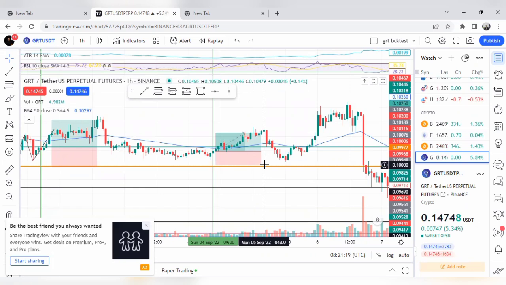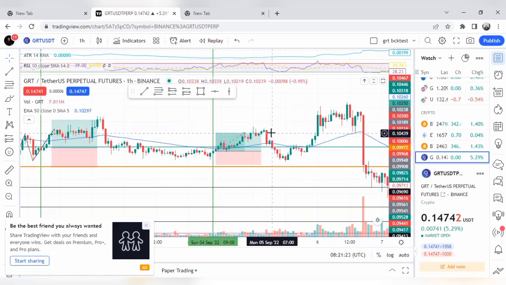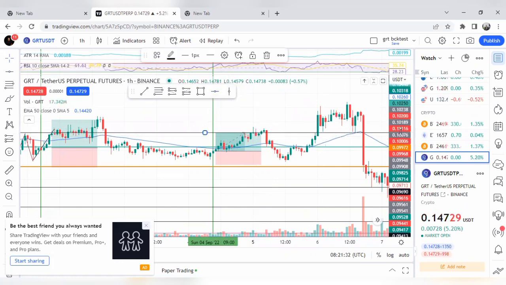Now, in Binance, you cannot actually place trades on all these pips and stops like that. So what I do is I place a horizontal line on that particular aspect and trace it to the price. The price here is what I then use to enter the trade.